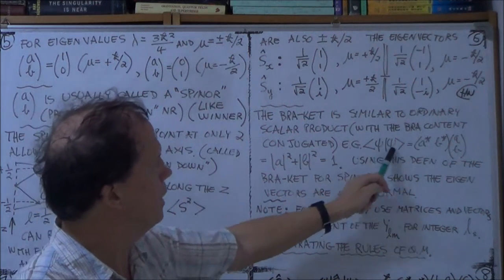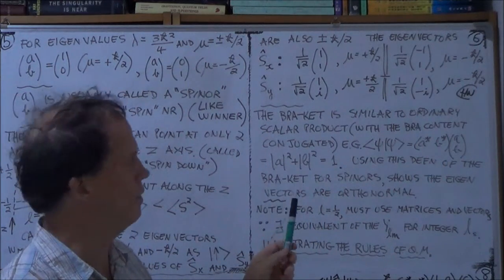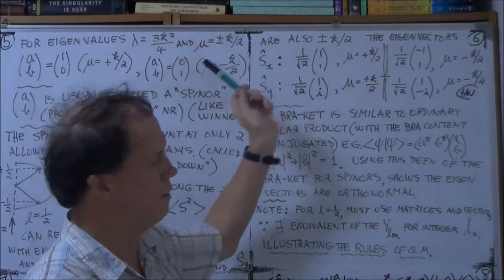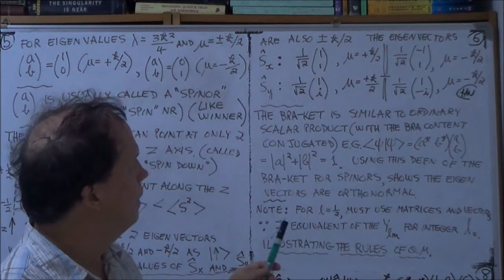So if we wanted to normalize, for example, to find a normalization constant, in this context of 2x2 spin matrices, how do you define a bracket?